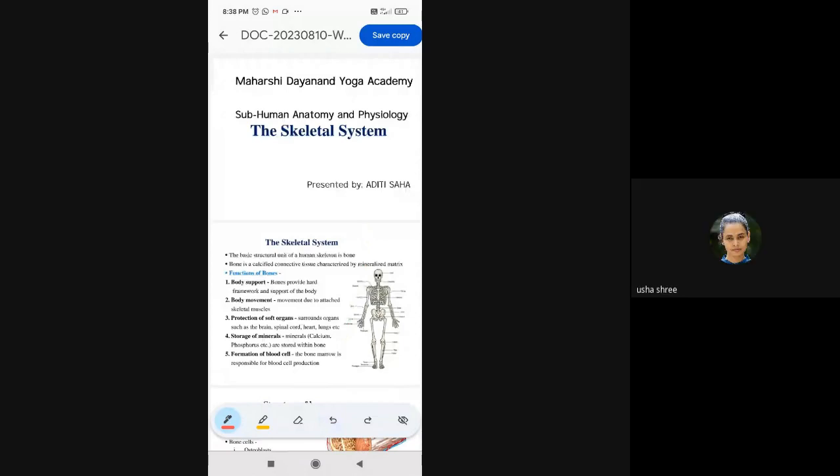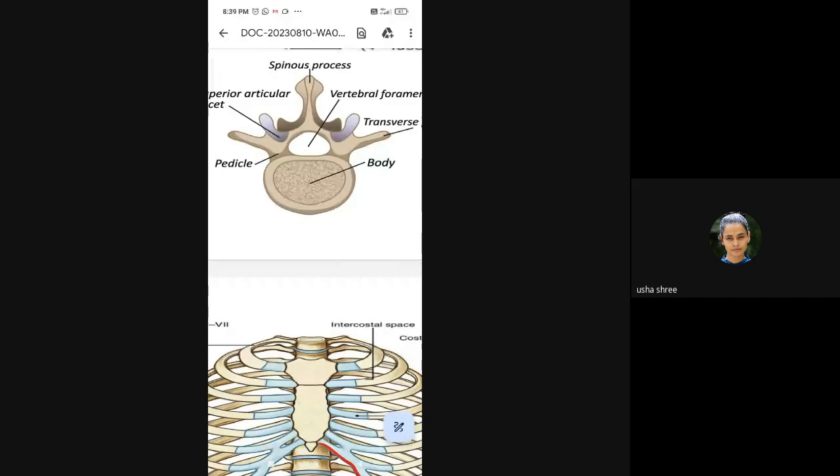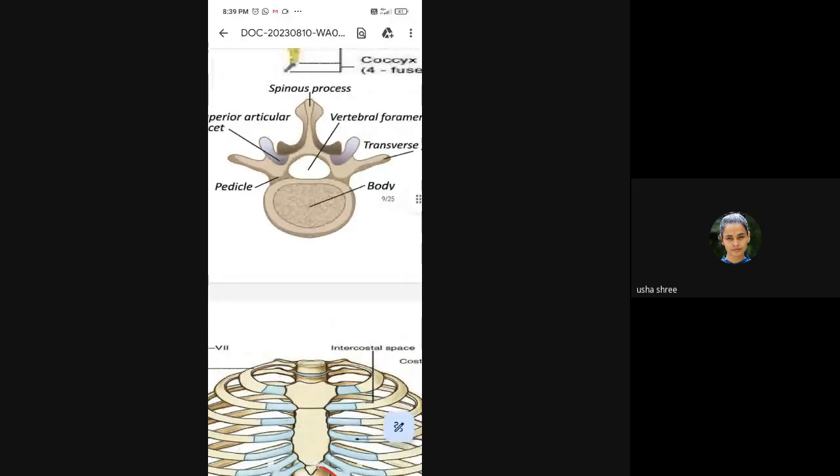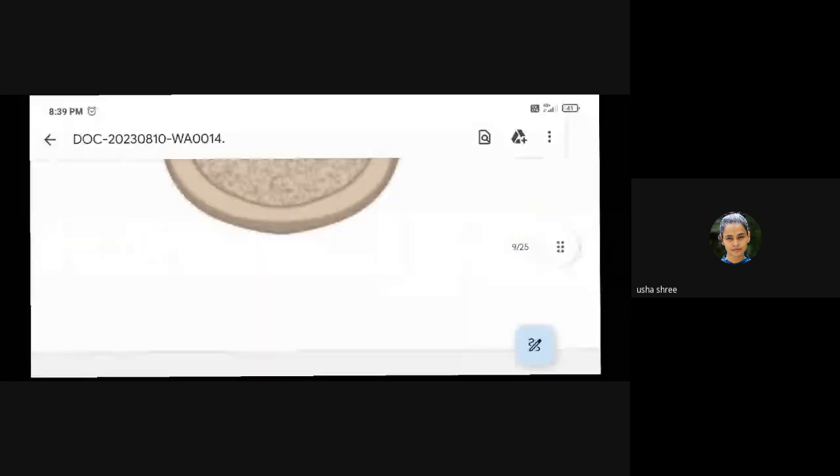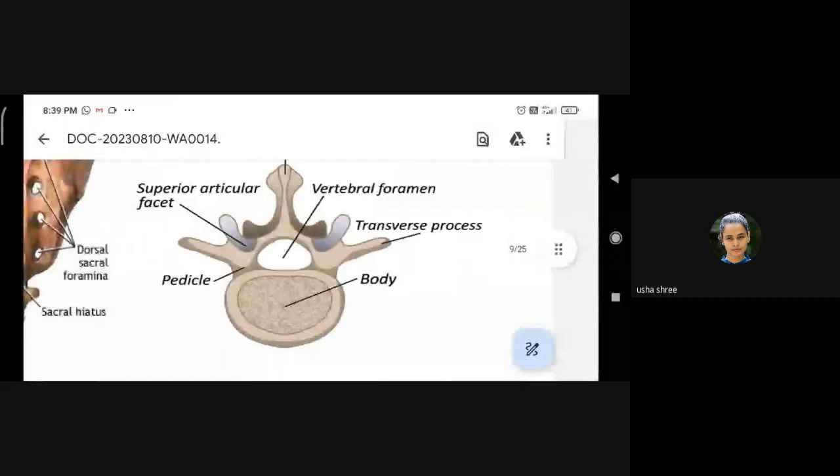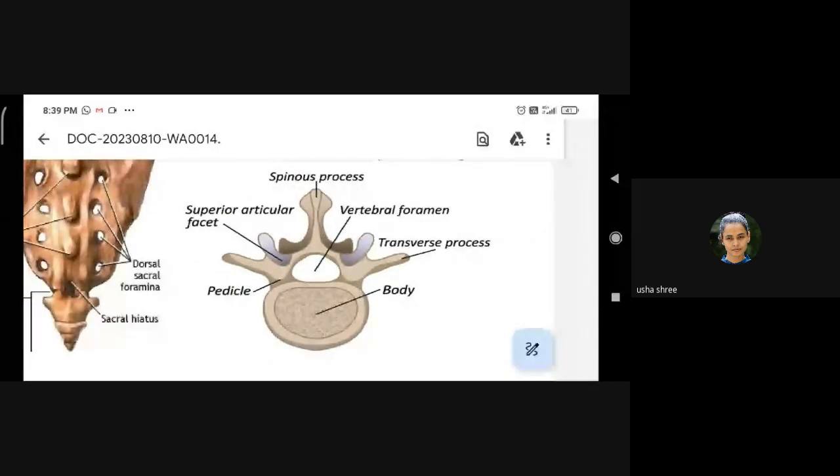Ma'am, the slide that you're showing shows the entire skeletal system, and if you can turn to the PowerPoint deck. Is it okay? Is it okay now? We can't see your slides now.